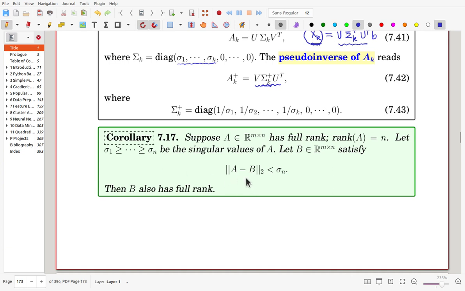So if the power differs only by a small amount, and you consider the singular value decomposition of B, the smallest singular value of B must still be positive. That's the idea behind this corollary. You can prove it rigorously, but roughly you can think of it that way.